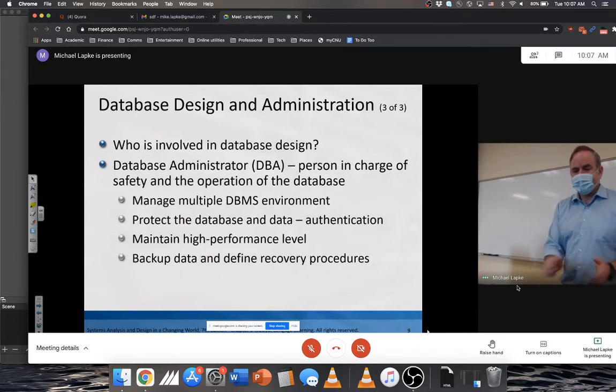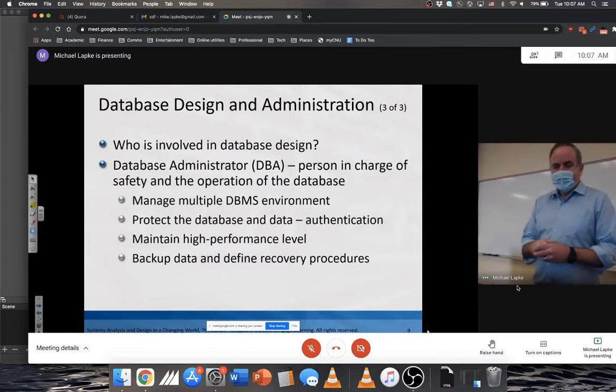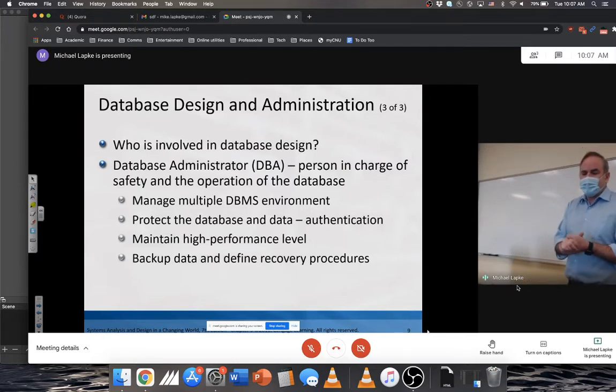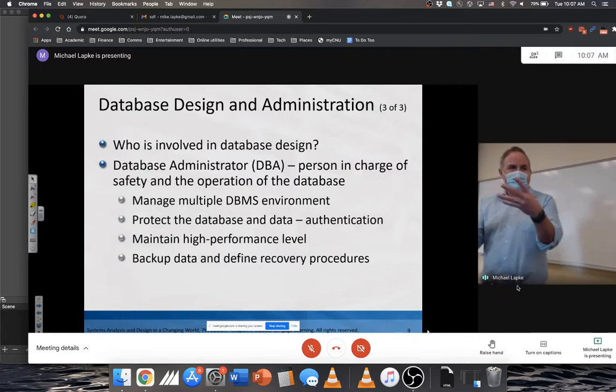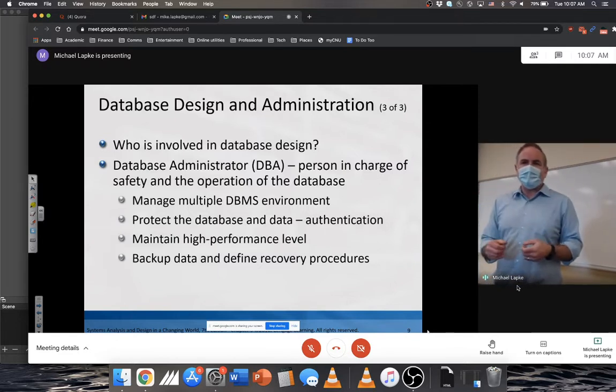All right. Continuing with the DBA, they protect the database, manage multiple DBMS environments, maintain high performance levels. So they're looking to balance access, because if you don't, in normalization, this is where you're breaking it down to reduce the redundancy within the database.